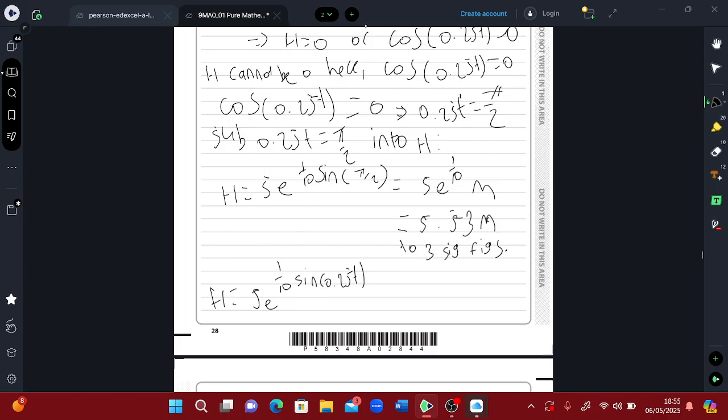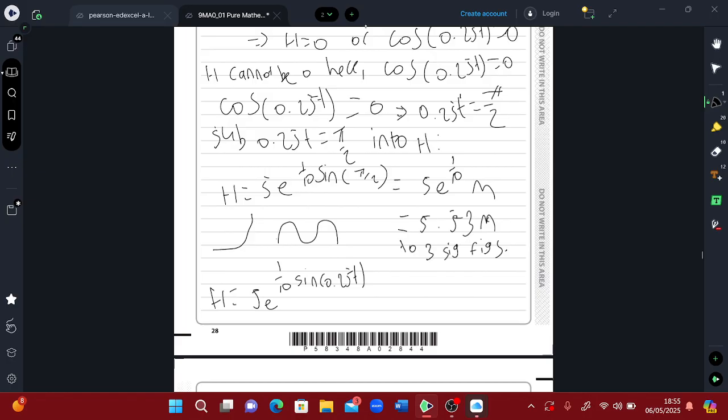So this is a composition of e and sine. Well, whilst e is unbounded, e obviously goes to infinity like that, sine is bounded like that. And if we want to find the maximum value, we want to increase the exponent of e as much as we can. We want this to be maximum.